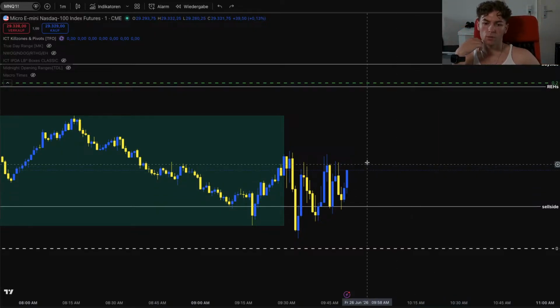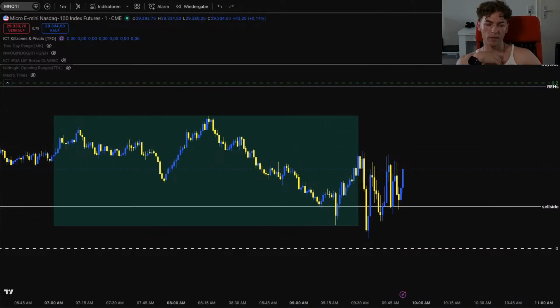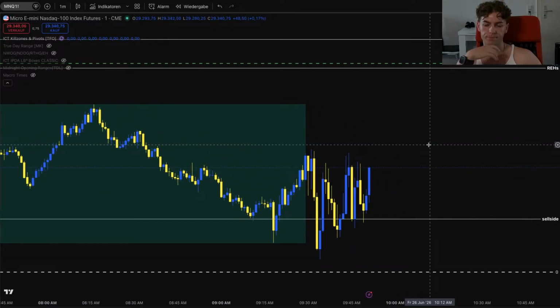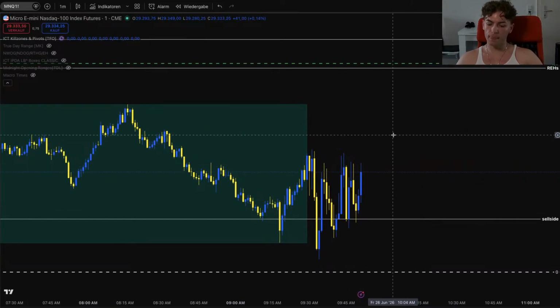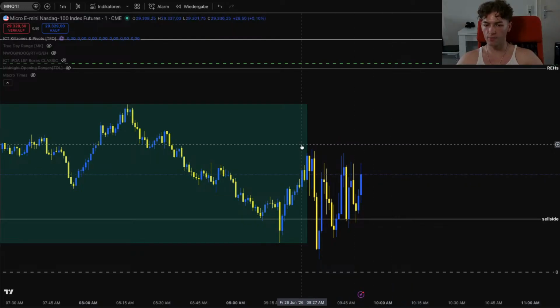Building sentiment. What do I mean by building sentiment? What is sentiment? I think a synonym for sentiment is maybe the public, how the public views price action. So how is retail trading? They trade off of patterns and trend lines and stuff.